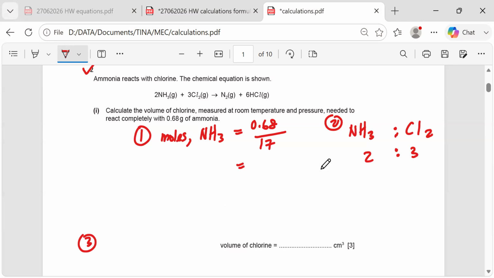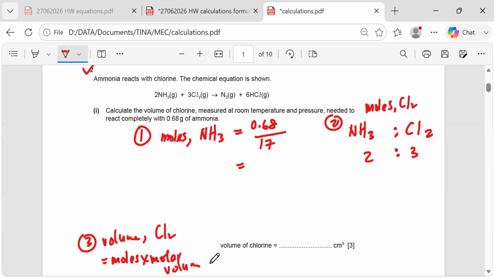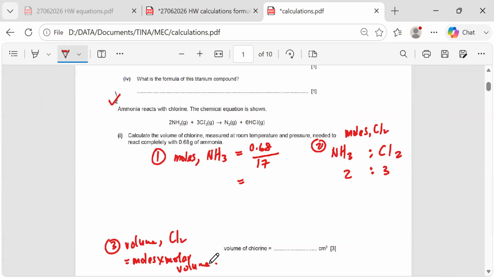Volume is moles times molar volume, the 24,000, the one that we did just now. Get it?